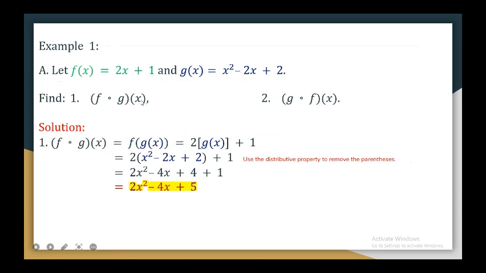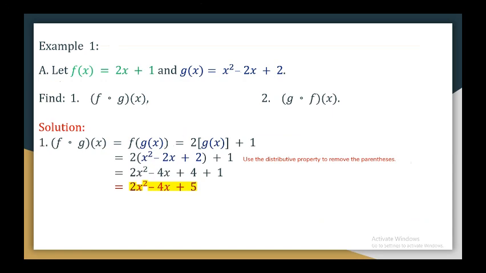So what are we going to do? Okay, let's rewrite this one. So we have f of g of x is equivalent to f of g of x. Okay, so the inner function, the x in the f of x, or the x is replaced by the g of x.